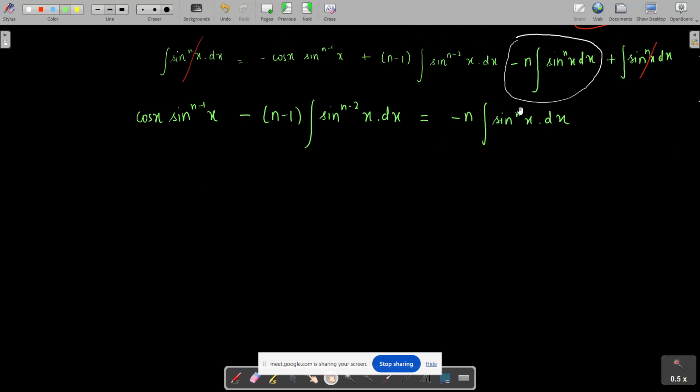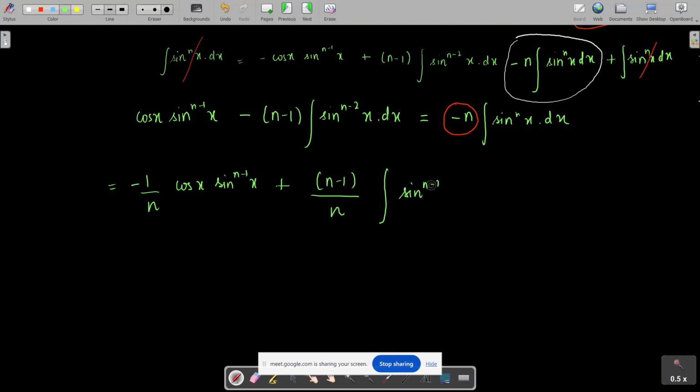And then to find out the value, I just need to get rid of this negative n. So divide the entire equation by negative n. So finally you get negative 1 over n cosine of x sine n minus 1x plus n minus 1 over n. This negative changes into positive because we are dividing the entire equation by negative n.